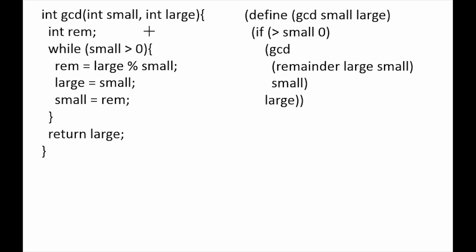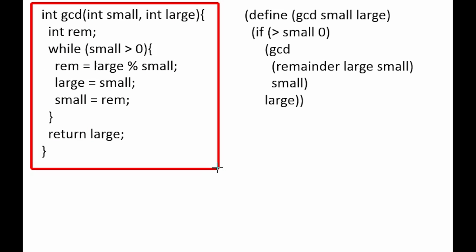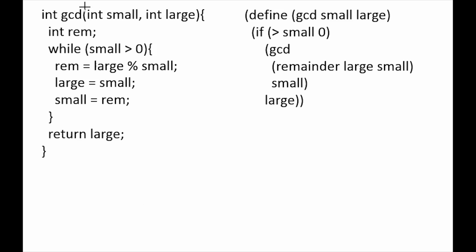But let's take a look at a sample function, Euclid's algorithm for computing the greatest common divisor. So this is a small C program where we, based on two integers, small and large, compute the largest number which can divide both small and large.